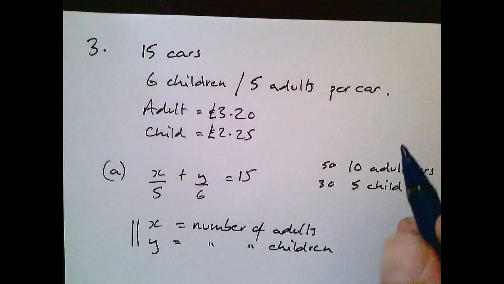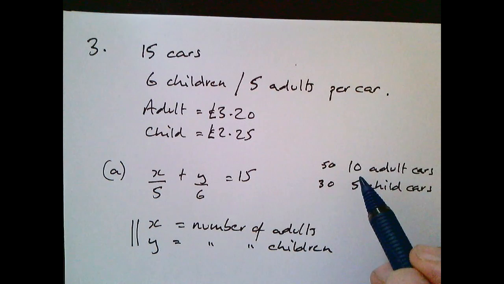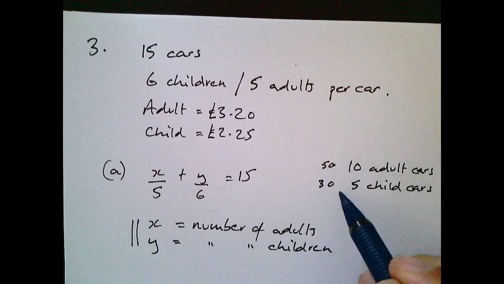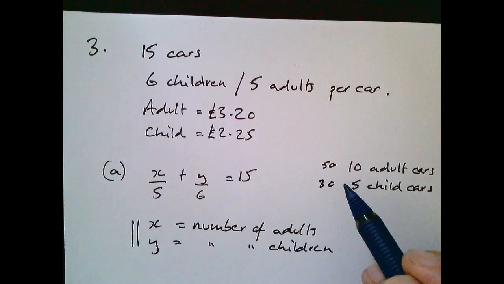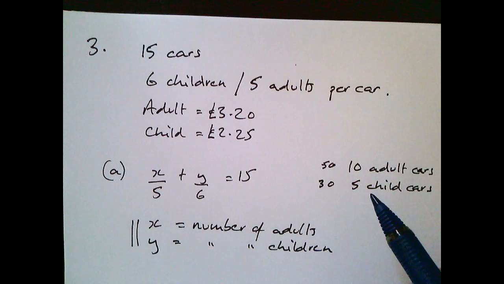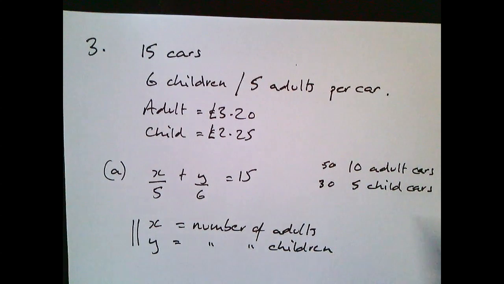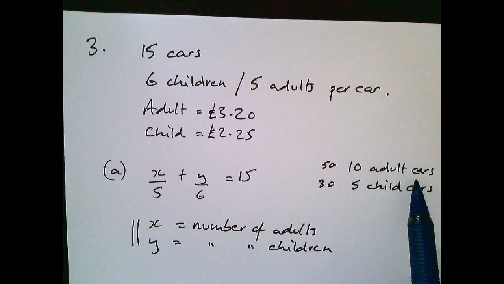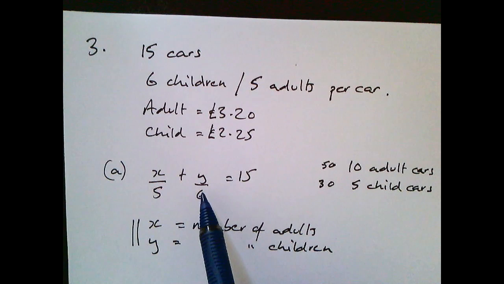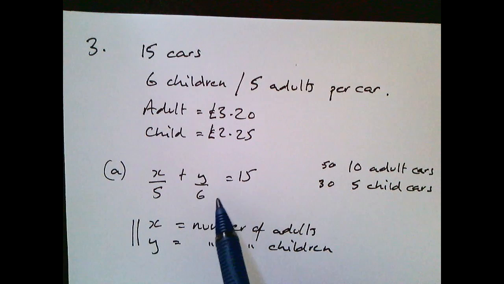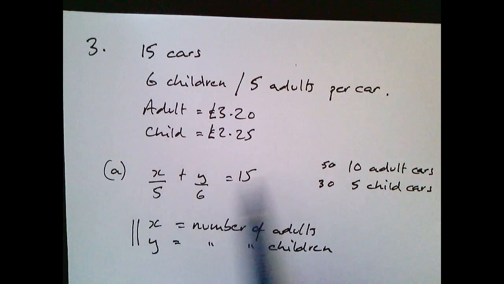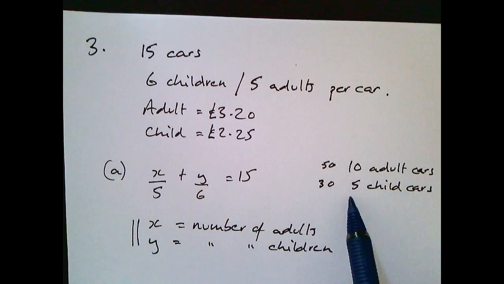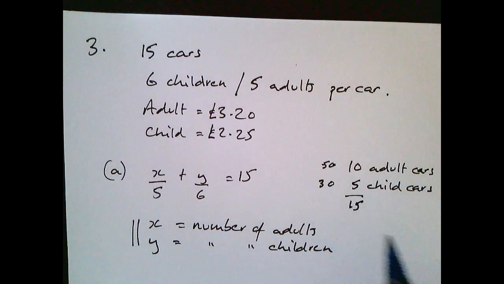So we're sort of working backwards. Total number of adults divided by 5 gives you your adult cars. Total number of children, 30 in our case, divided by 6 gives you the number of child cars. Add those together, 10 and 5, and you need to get 15.